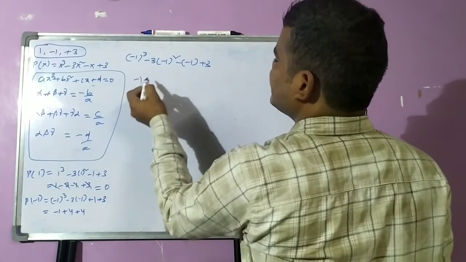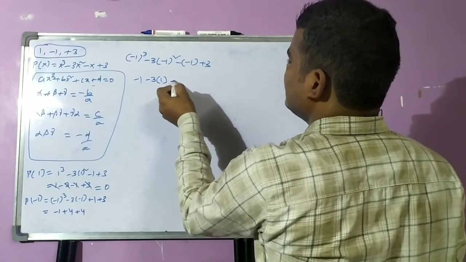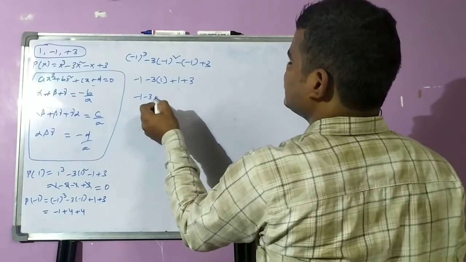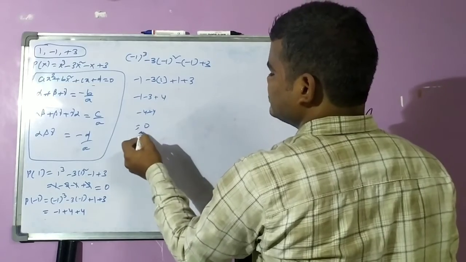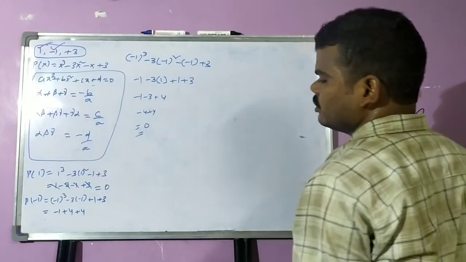See, in place of x, we have to substitute minus 1. Minus 1 whole cube means minus 1. Minus 3 into minus 1 whole square means minus 3. Minus of minus 1 is plus 1, plus 3. See, minus 1 minus 3 plus 4, minus 4 plus 4, the value gives 0. So minus 1 is also a zero of the given polynomial.